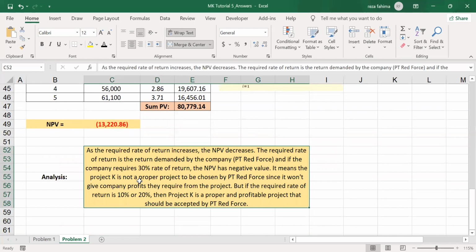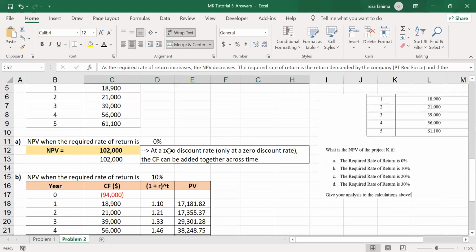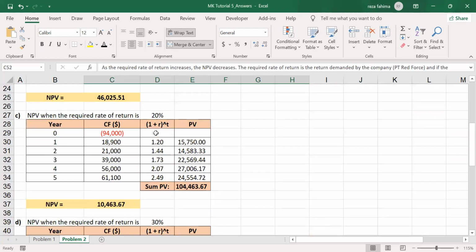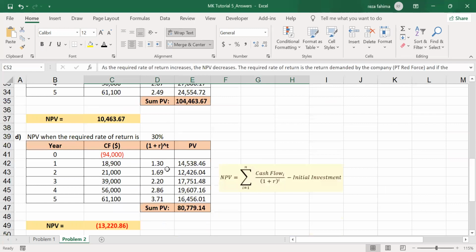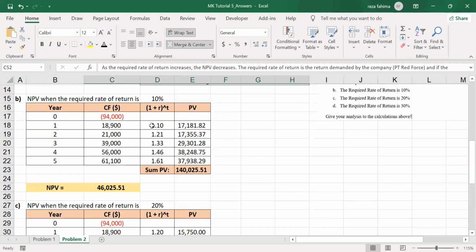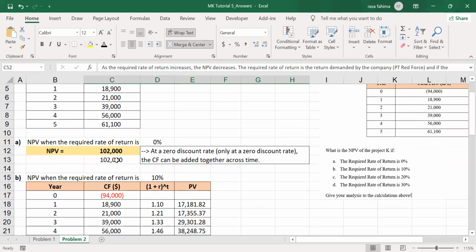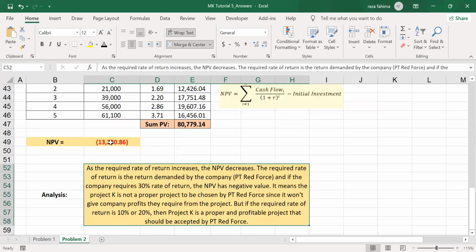So as the required rate of return increases from 0% to 30%, the NPV decreases, as you can see from our calculations.